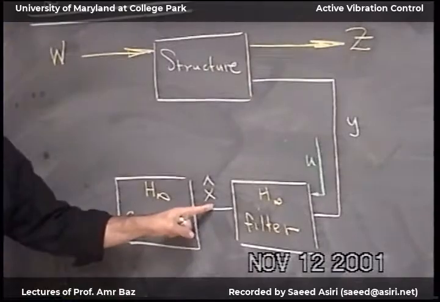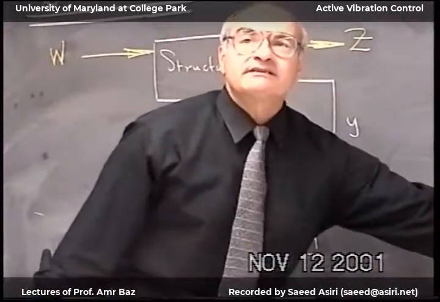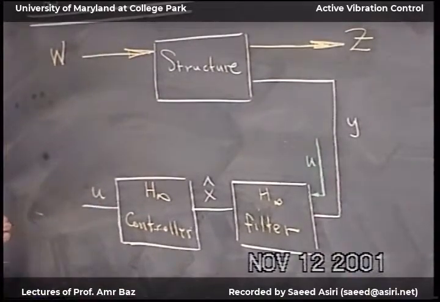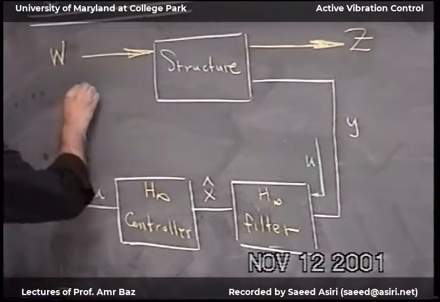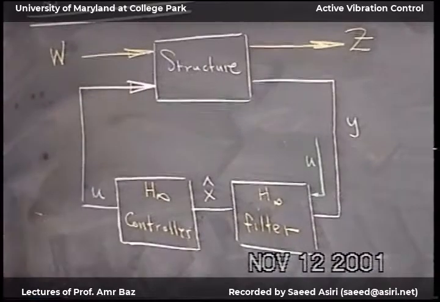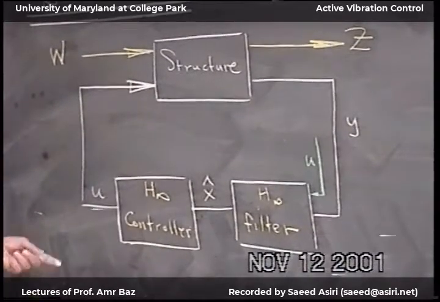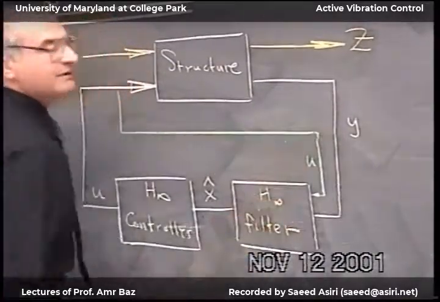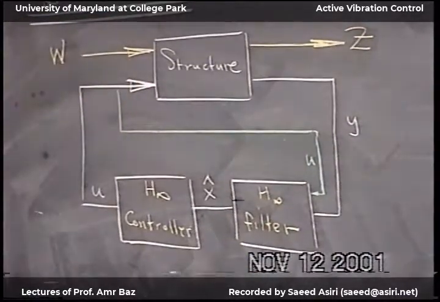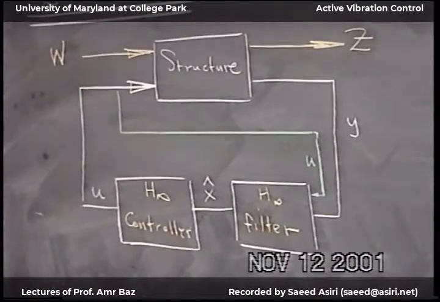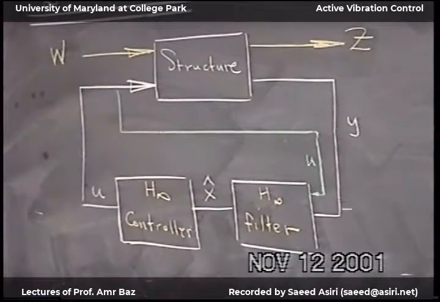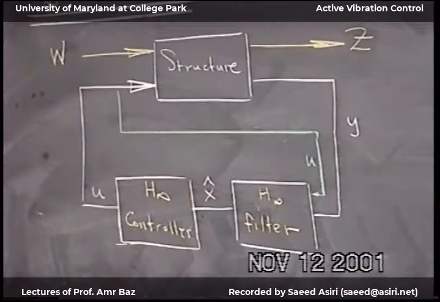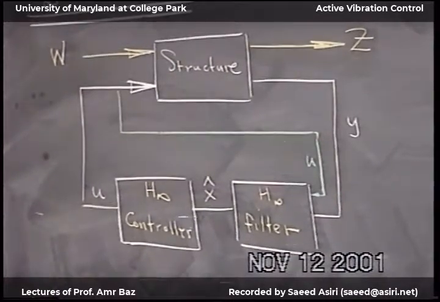The entire state vector is known, times minus Kc will give me U. I'll take this U and give it back to here. And then between these two, I'll connect to this. We can do all this one step at a time as we've done it in the LQG.